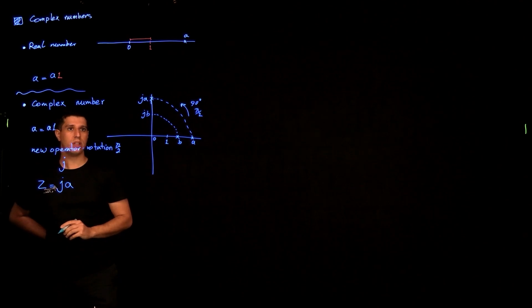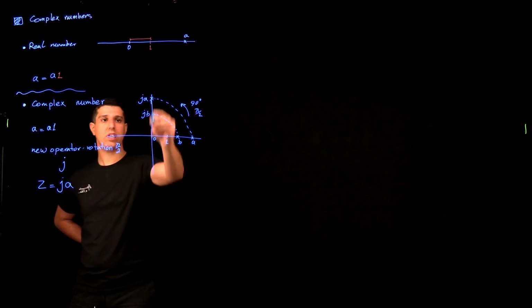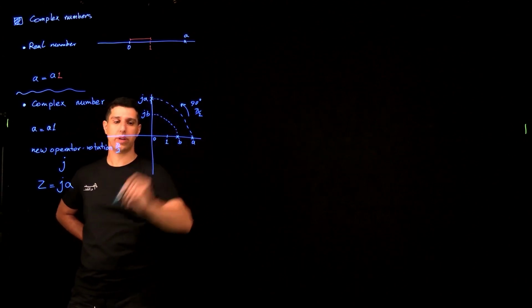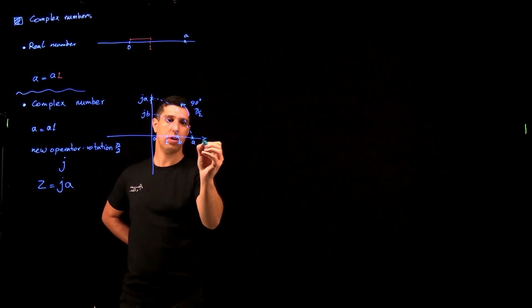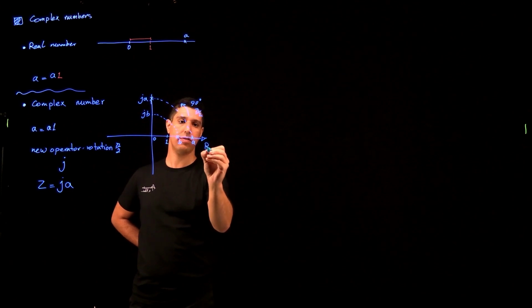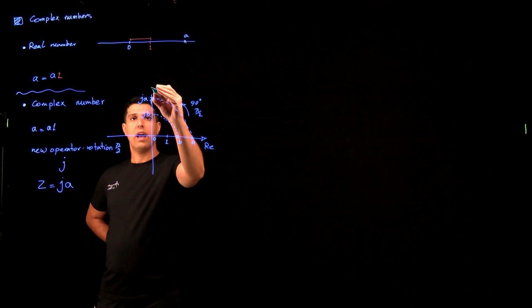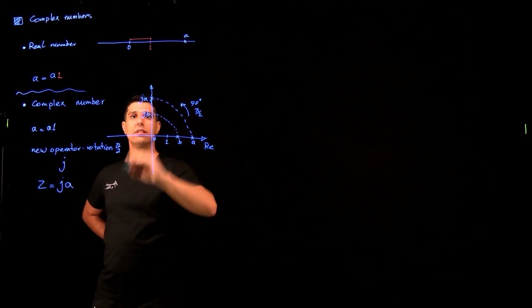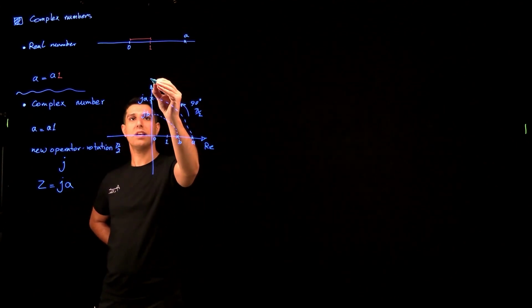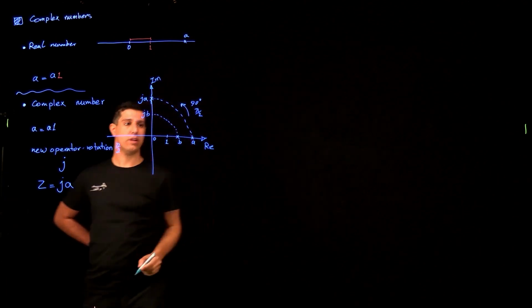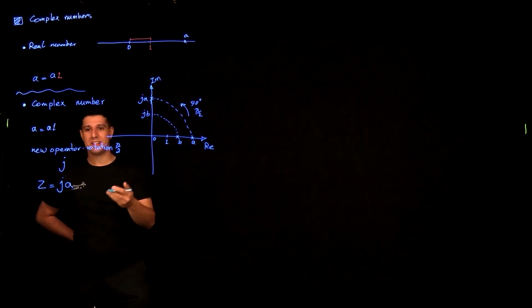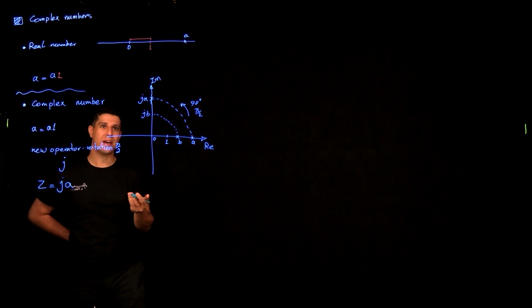So now we can kind of give names. You see everything here is J times a real number. So I'm going to call this axis the real axis, and this other axis, let's call it imaginary, because we have real and something that is not real, imaginary.